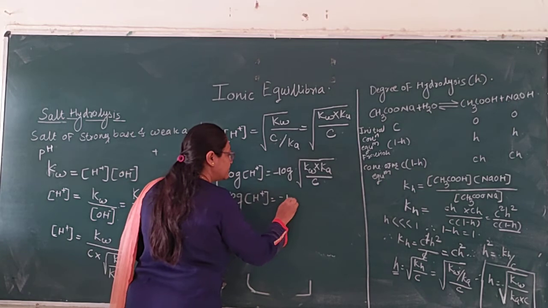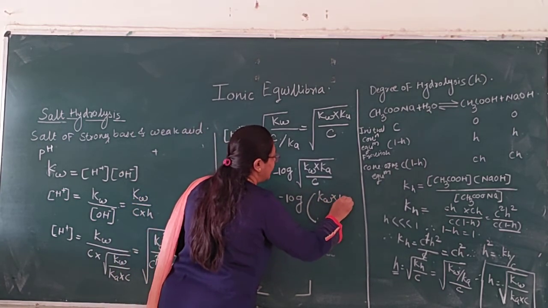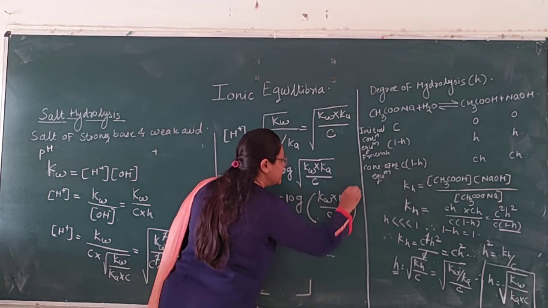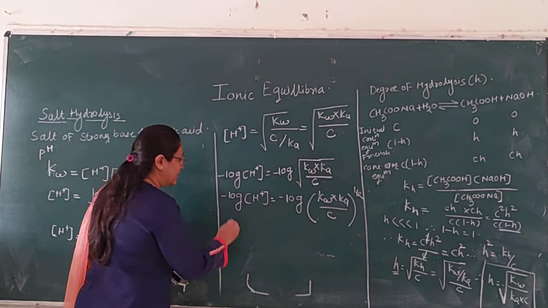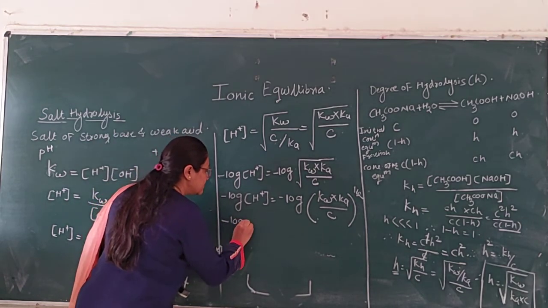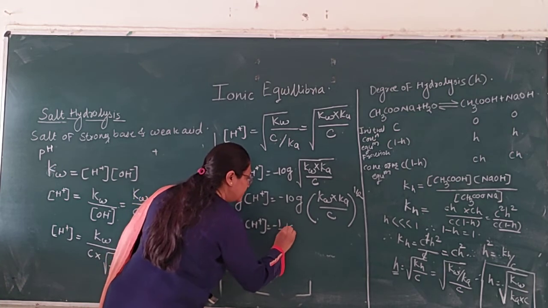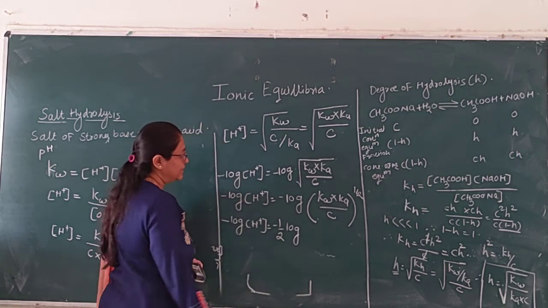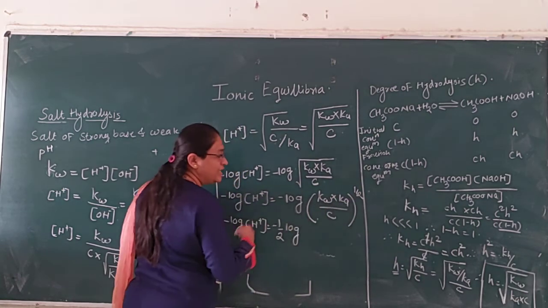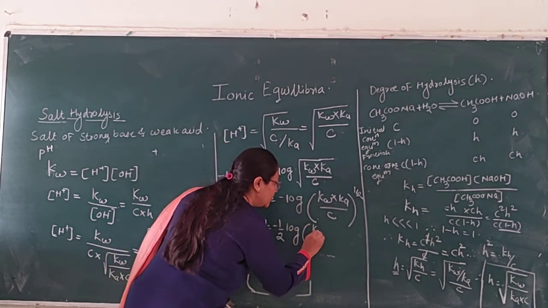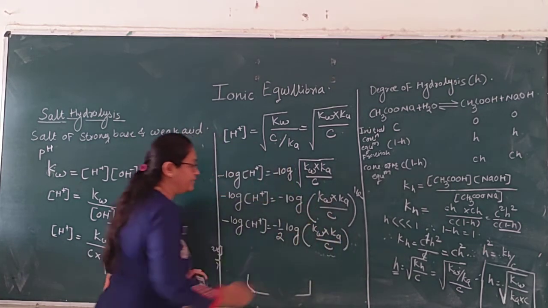So this becomes minus log of Kw into Ka divided by C raised to half. Instead of square root, we can write a power half. Therefore, this equation becomes minus half of, this is the rule of a logarithm: the logarithm of the term which is having a power, that power comes in a multiplication. So Kw into Ka divided by C.